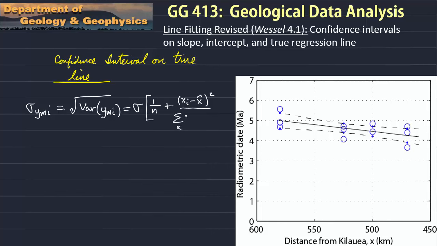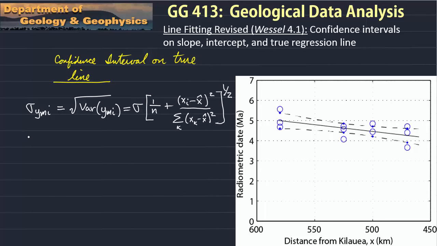And I'm going to write a sum over k just to distinguish each point in this sum from the ith value of x above. So the denominator is the sum of the square deviations of x from its mean. And that's all taken to the 1/2.